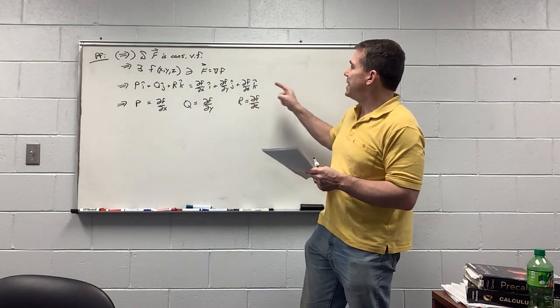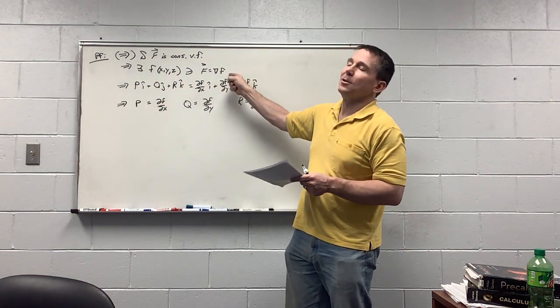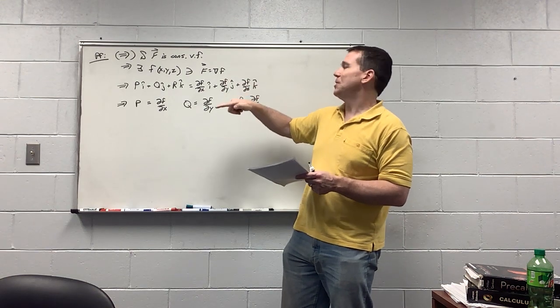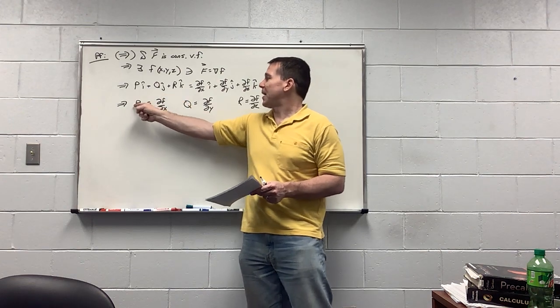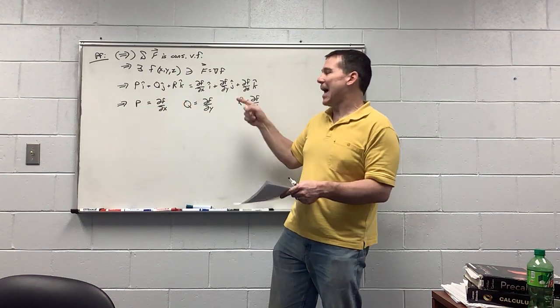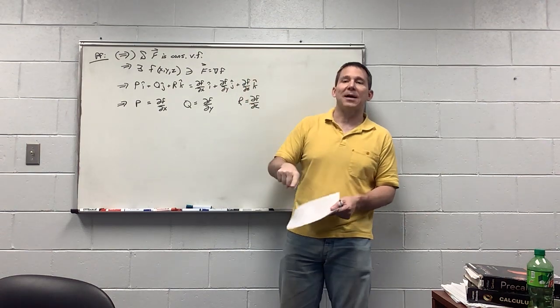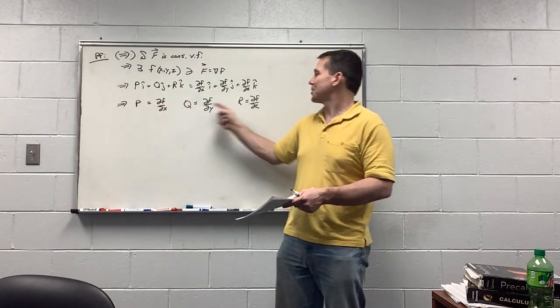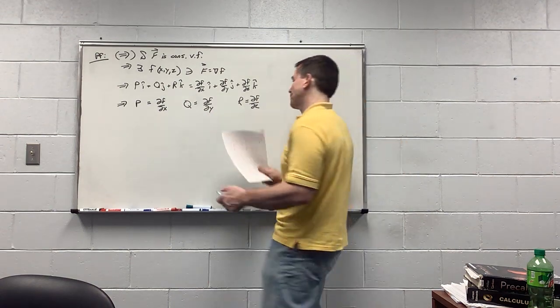Which means, since this function f has continuous first partials, right here, and I know that the first partials of P, Q, and R exist, it actually means that this f has continuous second partials, because I know I can take the partials here, which means I can take the partials here, and they have to be equal.